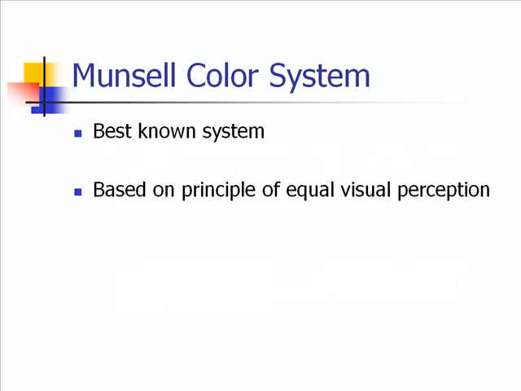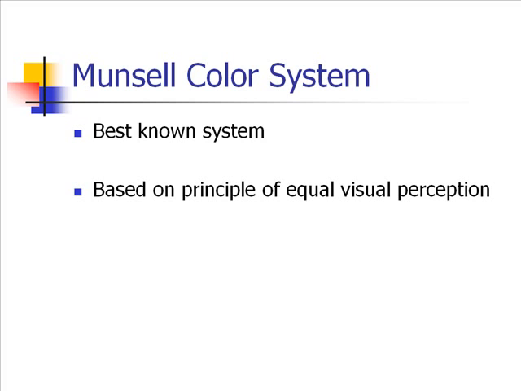It's based on the principle of equal visual perception, I mentioned that before. So when we look at the colors in the exemplification, if we have a gap between two colors, then the next colors have the same gap between them and so forth, so that it's an even spacing between all of those samples. And there is a collection of samples available.